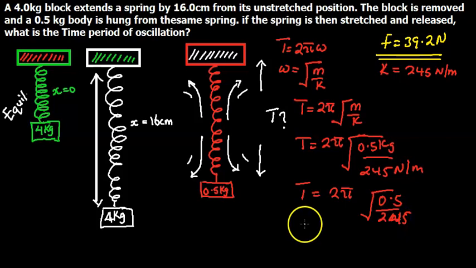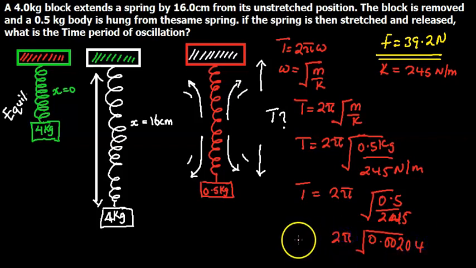If you punch 0.5 divided by 245 into your calculator, this is 0.00204. Remember, it's actually in a square root. We're going to bring back our 2 pi, and the time period is still there.